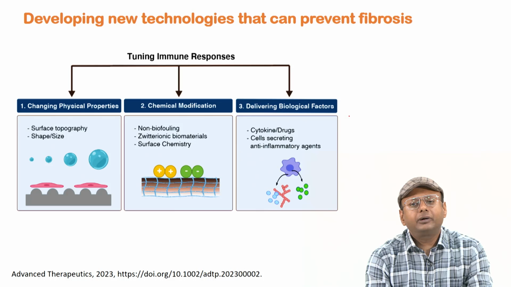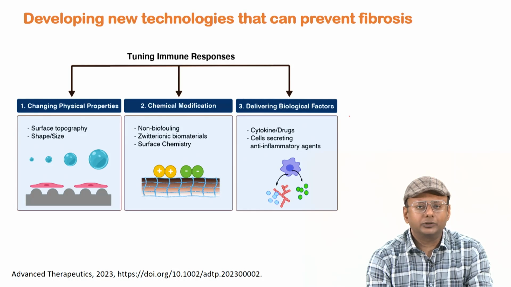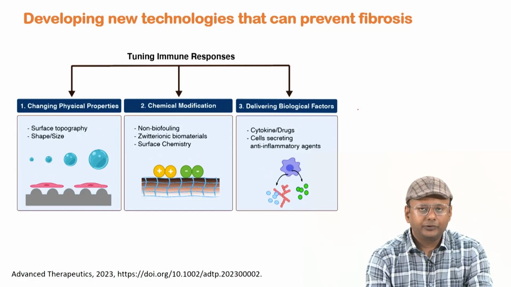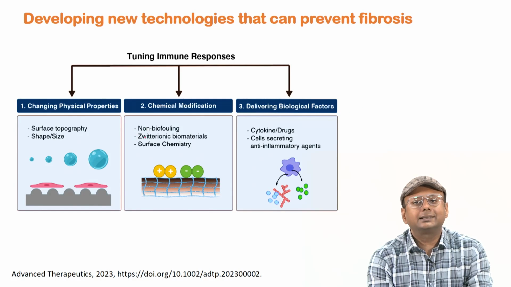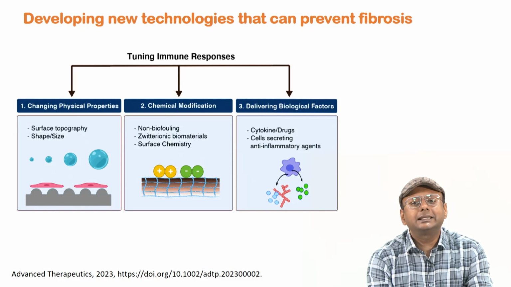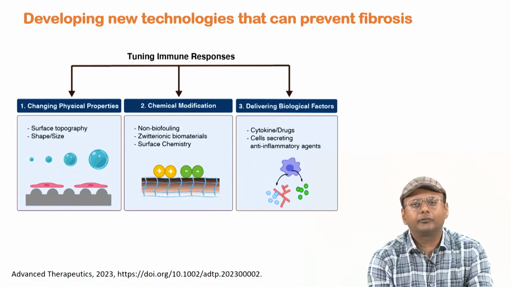Then there are different strategies to prevent fibrosis. Okay, so scientists and researchers have been studying for the last several years how to mitigate the fibrotic response. So there are different physical properties. For example, we can change the surface topography, right? So basically we can create a rough surface or a smooth surface, and it has been seen that smooth surfaces trigger lower fibrosis.